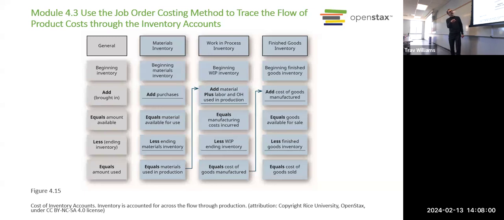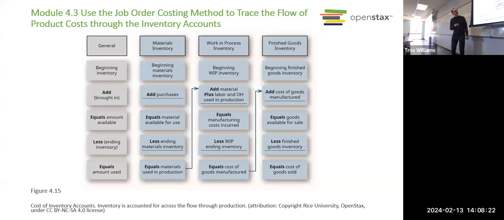Same thing with work in process inventory. You start with the cost of all the products you're making at the beginning of the period, because work in process is products that we're making, but they're not done yet. So they're in between those other two phases.